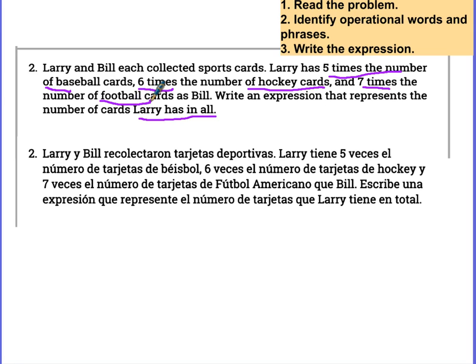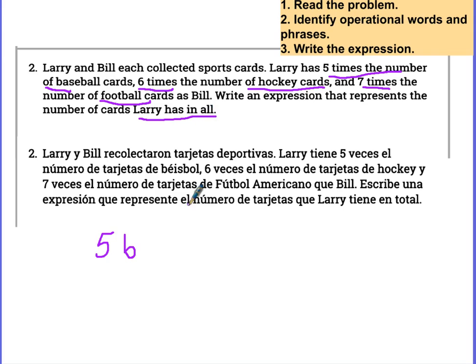So I'm thinking if I want an expression to represent the number of cards in all, I don't want to use a variable of C because it's different types of cards. So I'm going to have 5 times B for baseball cards.